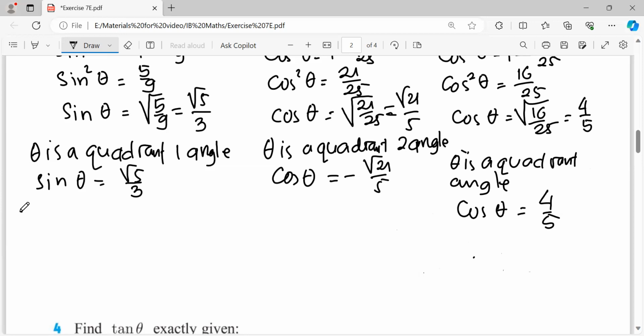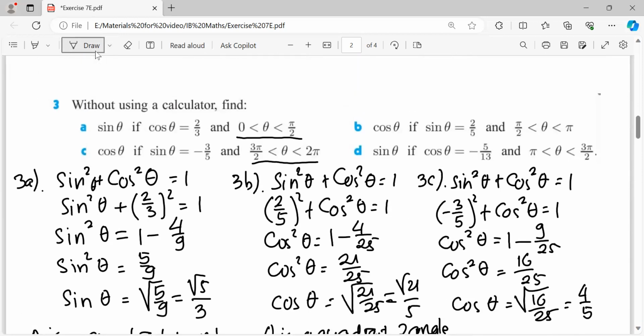Next, 3D. Let's look at the question again. Find sine theta if cosine theta equals negative 5 over 13, and theta is in quadrant 3.